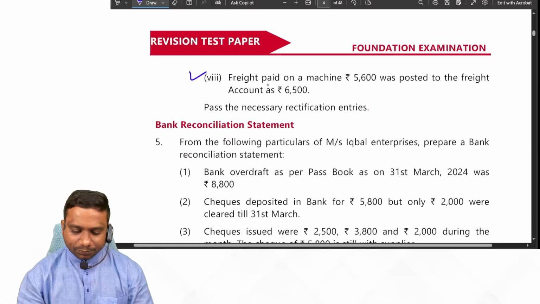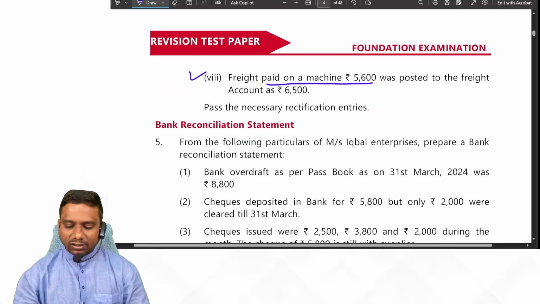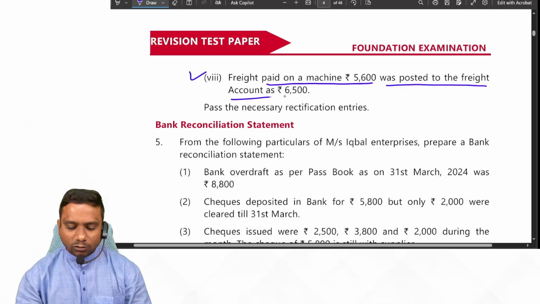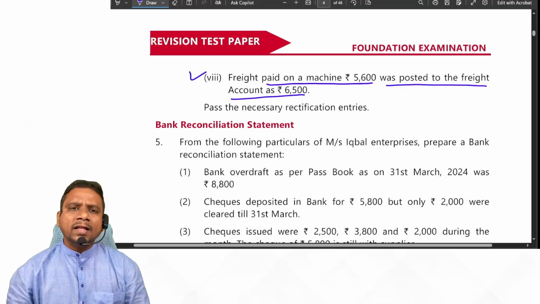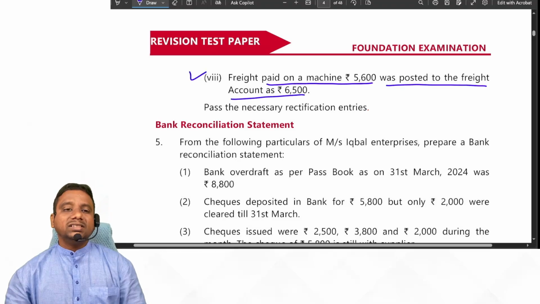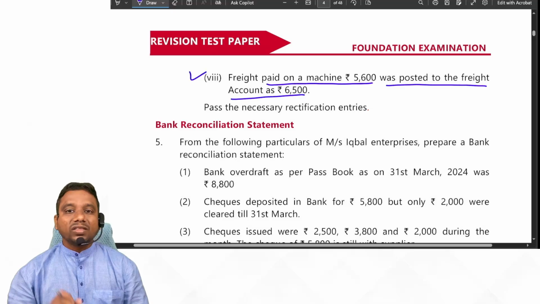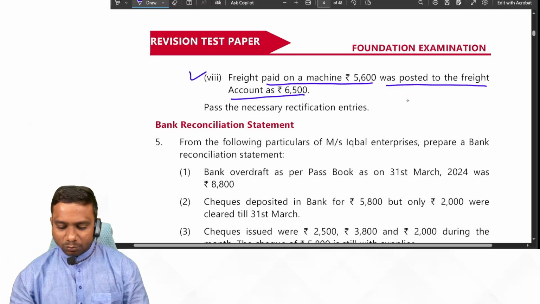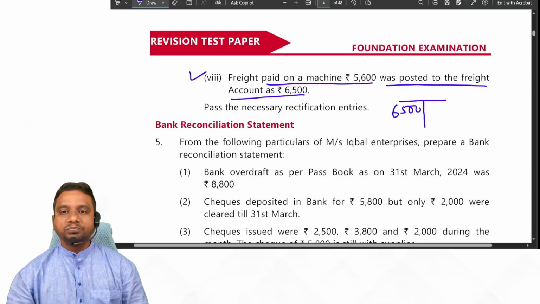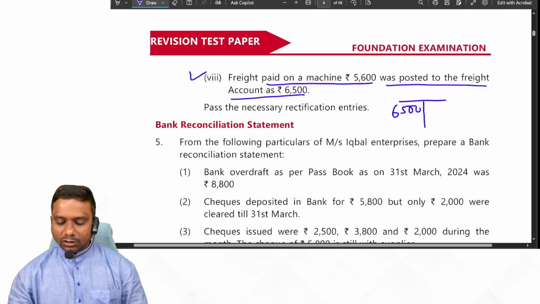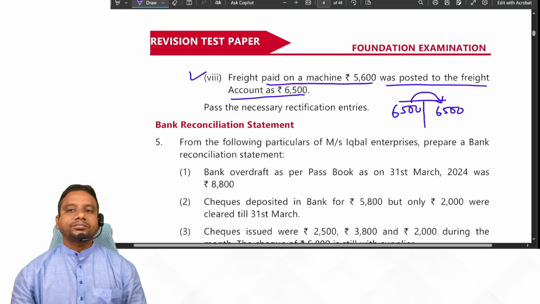Freight paid on a machine, 5,600, was posted to the freight account as 6,500. Generally, freight paid on a machine must be debited to machine account 5,600, but it is wrongly debited to freight account 6,500. First cancel freight account with the 6,500. Yes.